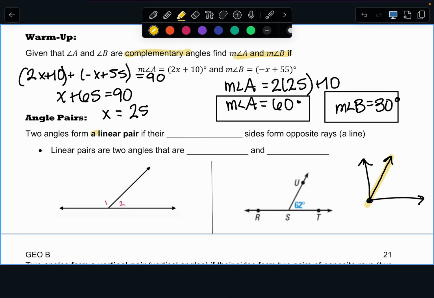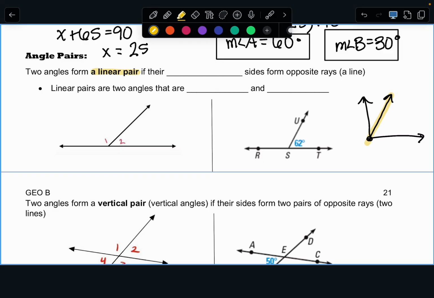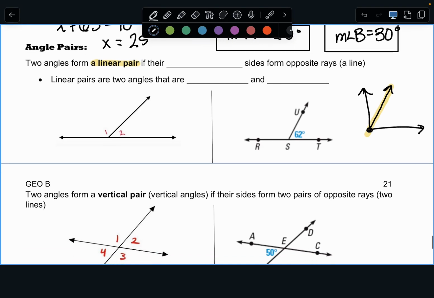Our first big definition, important word today is linear pair. Two angles form a linear pair if they are adjacent angles and their non-adjacent sides, meaning these non-highlighted pieces, form a line.